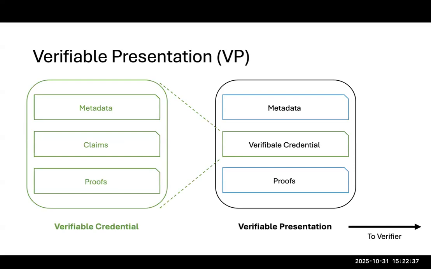So again, a verifiable presentation is, from the implementation point of view, a JSON file. These are the components: again, metadata, then the verifiable credential, one or more than one, and the proof.